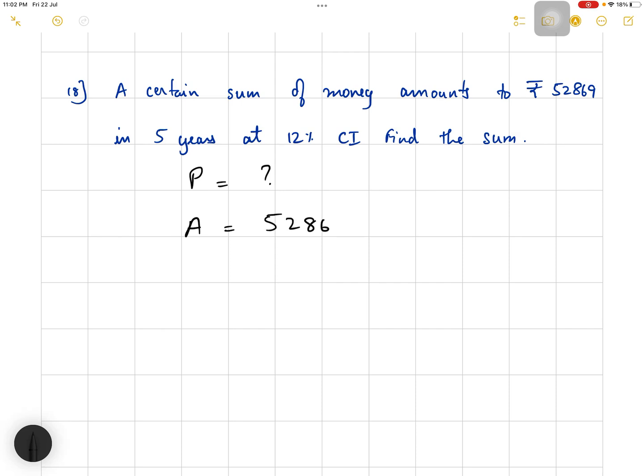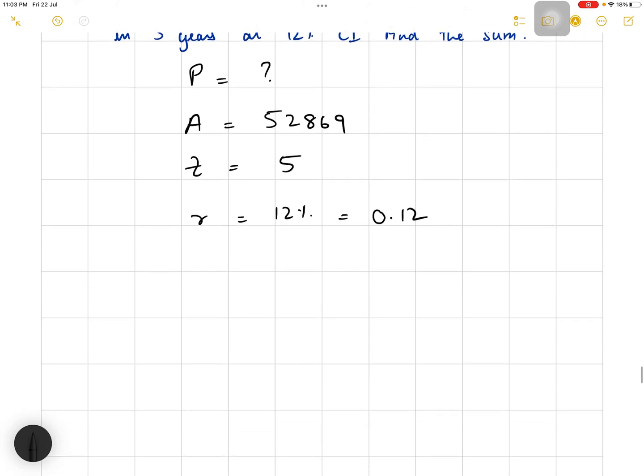Amount is given as 52,869, and T is 5 years. R is 12%, which is 0.12. Principal is asked. Let's calculate principal.